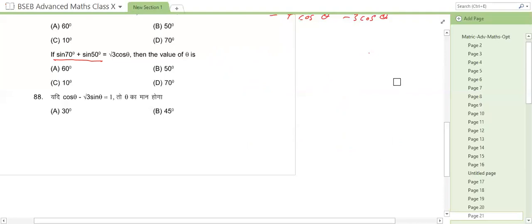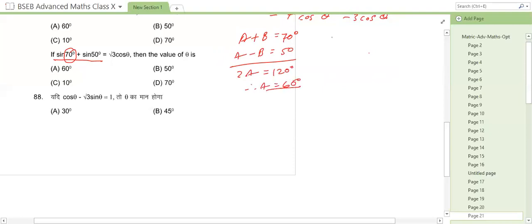So if we think about this as a plus b, what we can say is a plus b is equal to 70 degrees and a minus b is equal to 50 degrees. 2a is equal to 120, therefore a is equal to 60 degrees. So let us use 60 and 10. Use 60 degrees and 10 degrees.